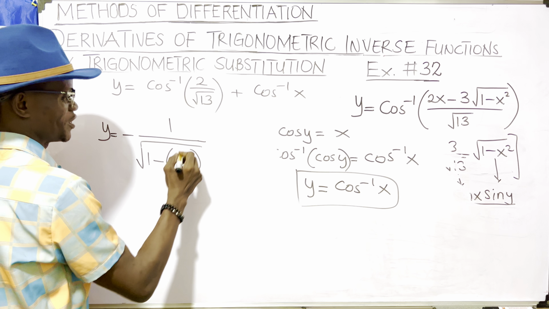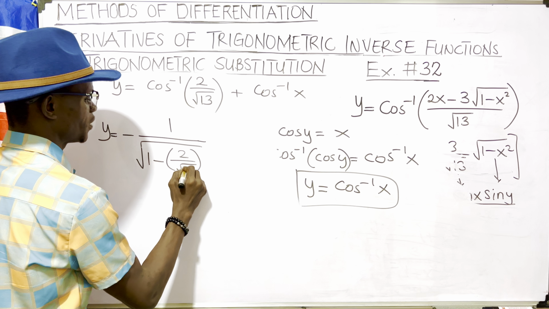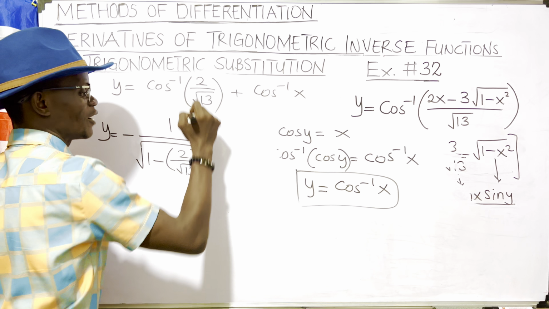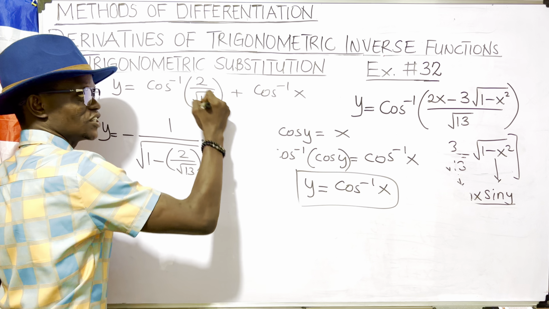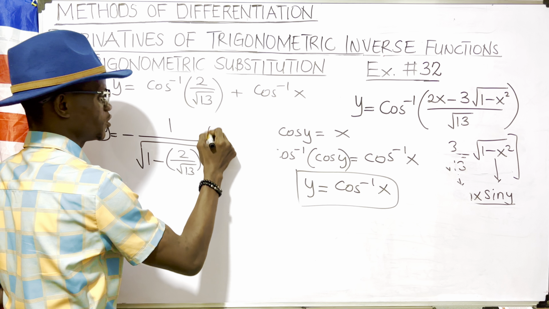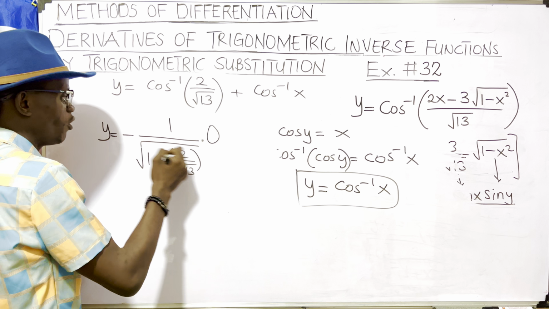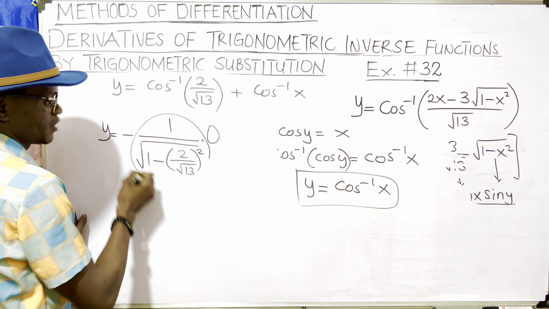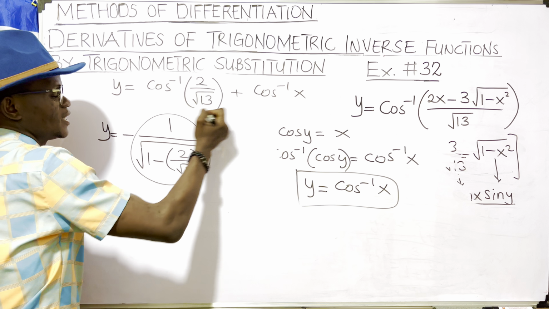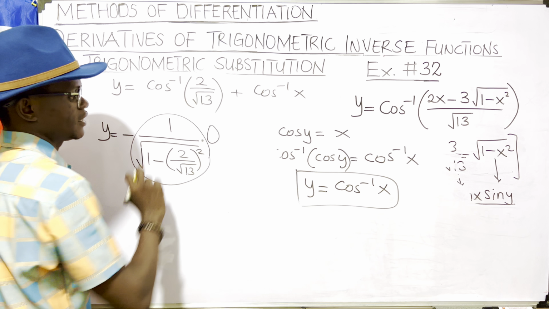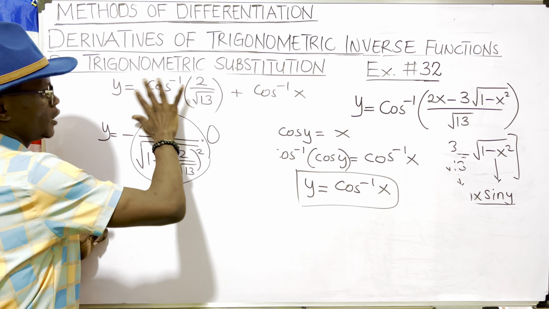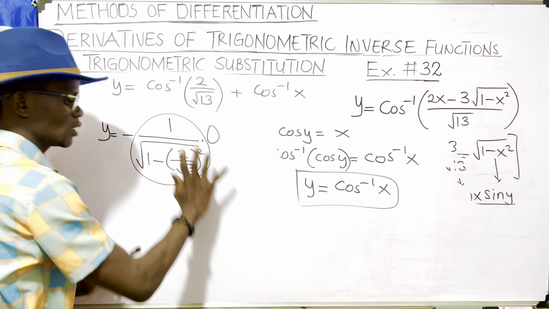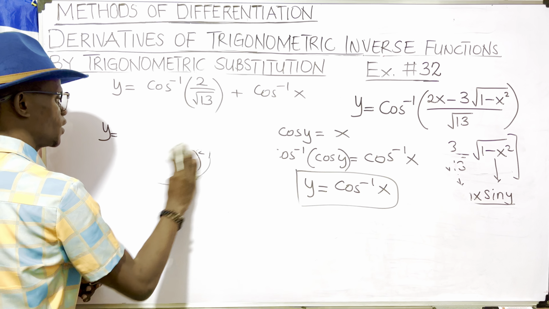The first term is cos inverse of 2 over the root of 13, and the angle here is just a constant, so the derivative of this constant goes to 0. In fact, there's no need for us to even apply the first method, because this entire thing is a constant since we do not have x. Whenever you see it like this with no variable within it, it's just a constant.